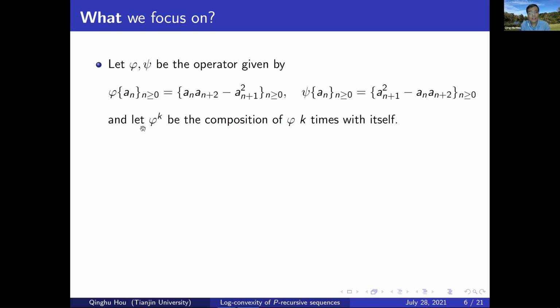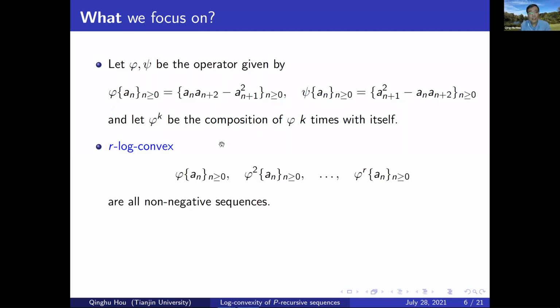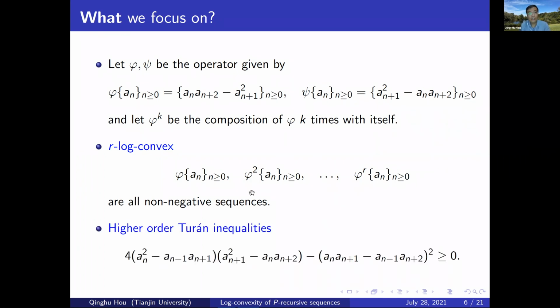As usual, we let the k-th power of phi be the composition of phi k times with itself. If we apply phi and phi squared up to phi to the r-th power, and we get all non-negative sequences, we call the sequence a_n r-log convex. Similarly, if we apply the operator psi and we get all non-negative sequences, we call it r-log concave. We also have the higher order Turan inequalities, which involve 4 terms.